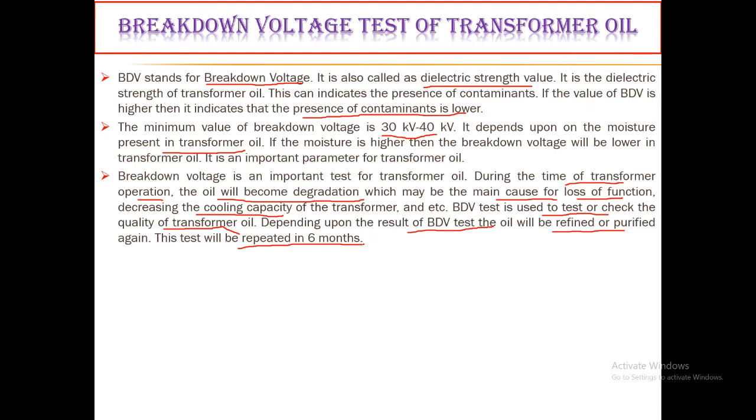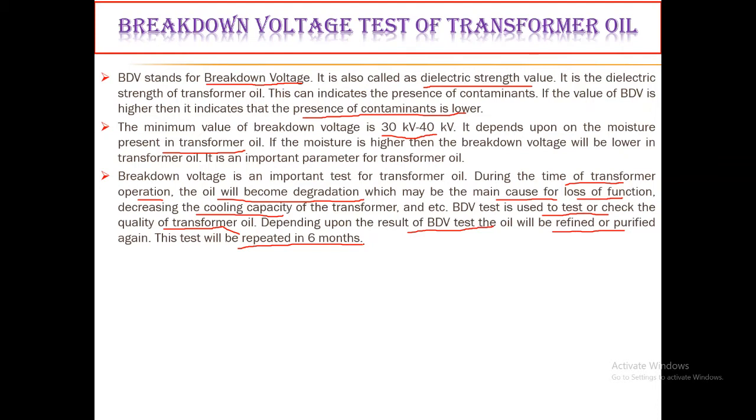In general there are two methodologies by which you can purify the transformer oil. Either you can approach with the offline purification system, or else you go with the online purification system. In case of the offline, you have to disconnect the transformer from the service, then the oil will be circulated through the purification system, and at the end it will be tested for its BDV value.